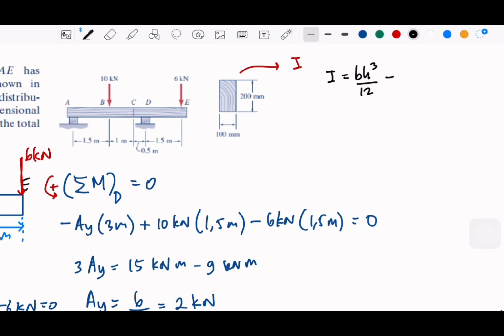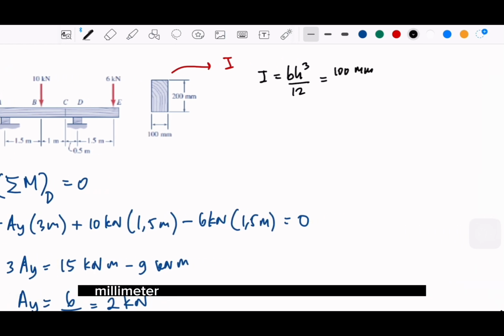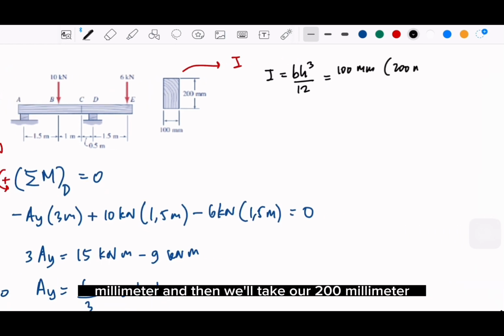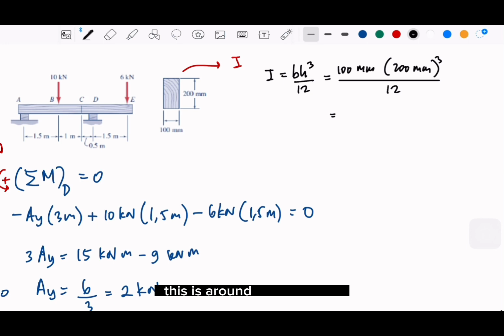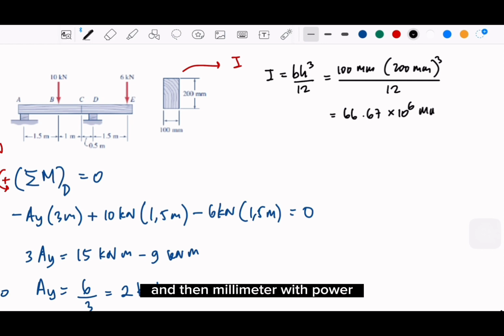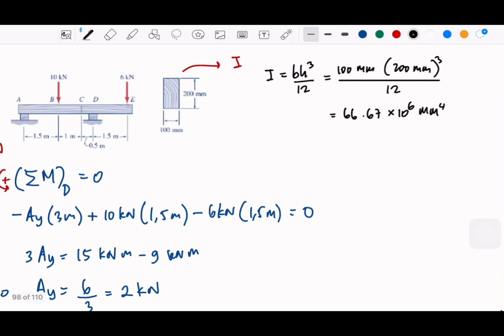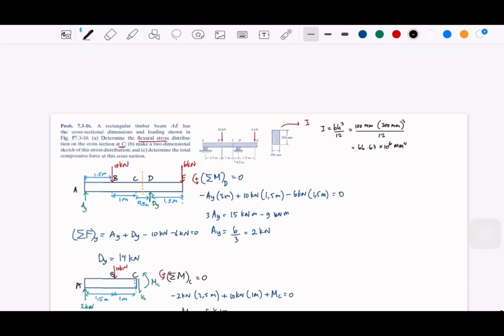It's 100 millimeter multiplied with 200 millimeter cubed, and then divided by 12. This is around 66.67 million millimeter to the power of 4.